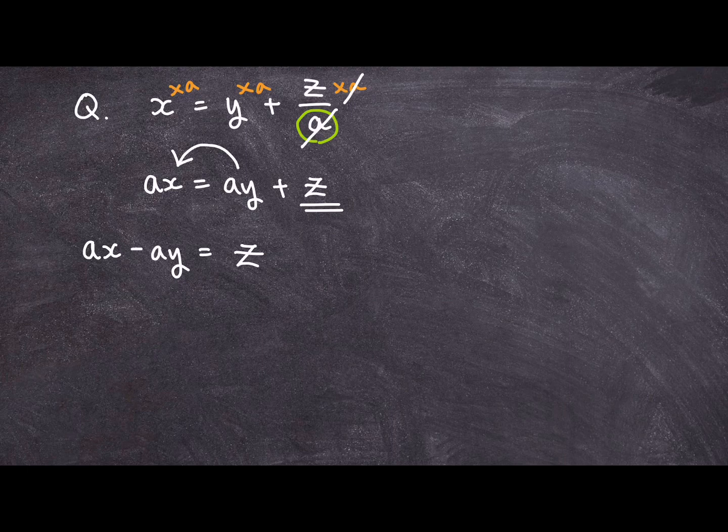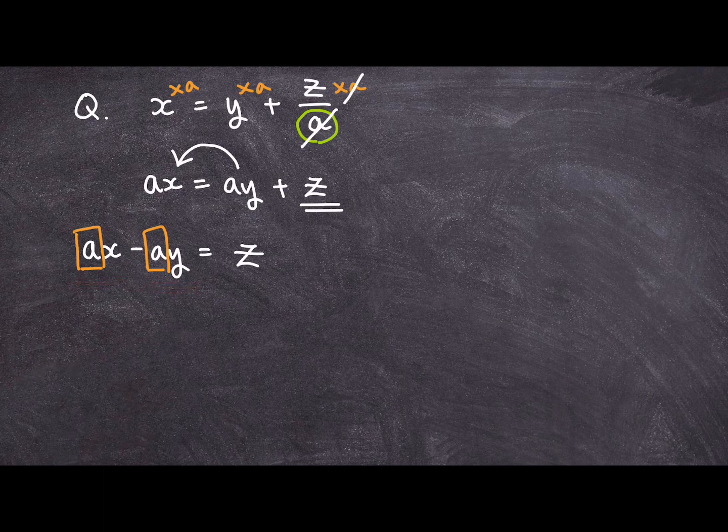Now, still remember that we are solving for the variable of a, and we have a in two places. So I want to collect a, and I can do that by factoring out a. That's right, it's the same thing as reverse distribution. So I factor out a from these two variables.